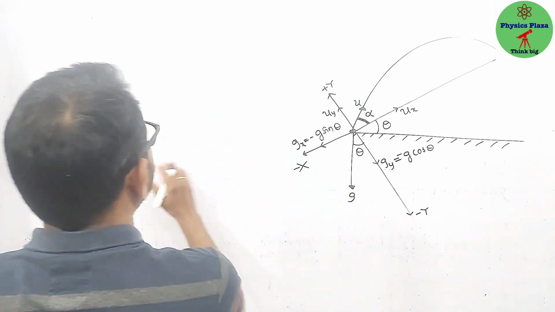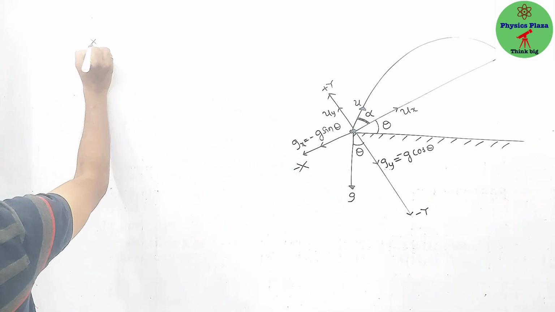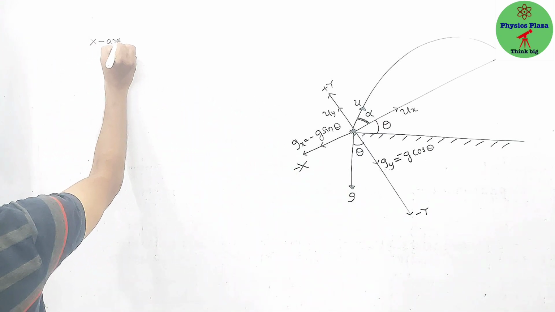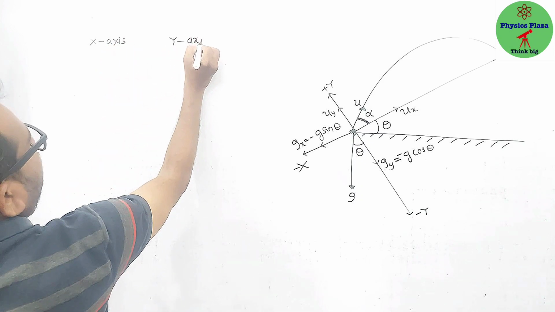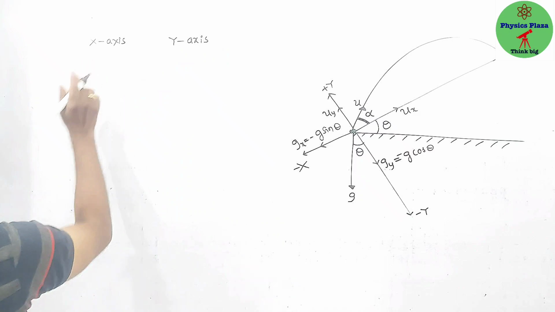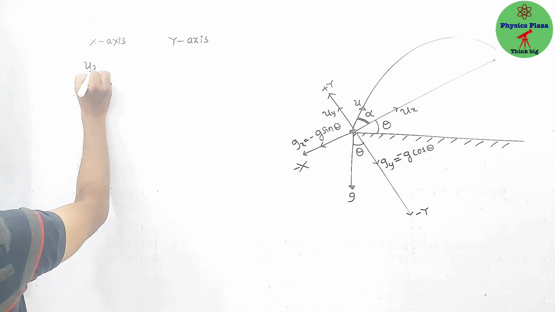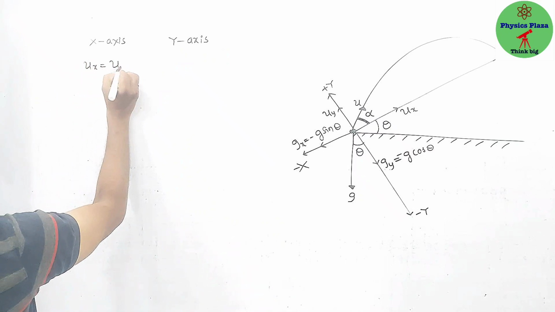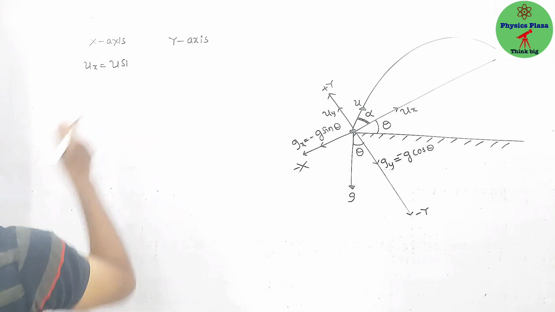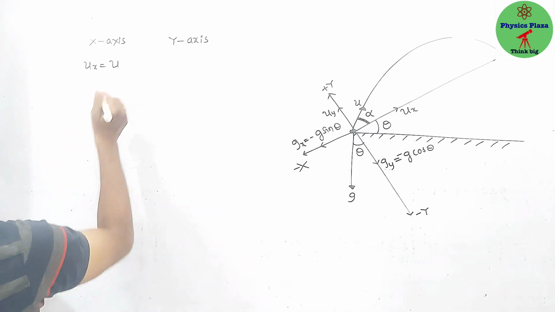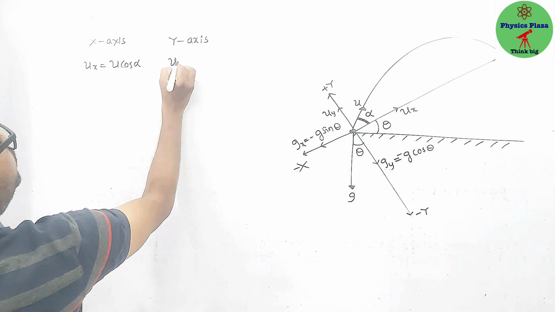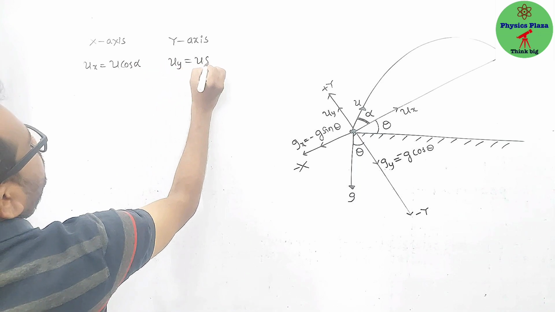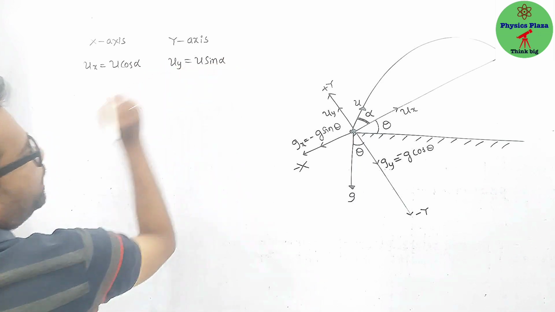So let us write here, along the x-axis, what are the components, and along the y-axis, what are the components? Then only we can understand other concepts. Along the x-axis, ux is equal to u cos alpha, whereas uy is equal to u sin alpha.